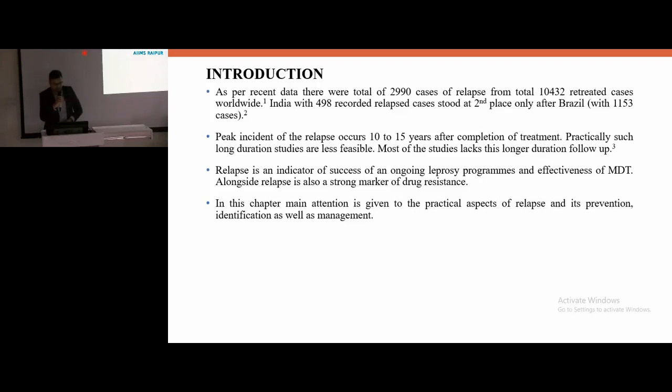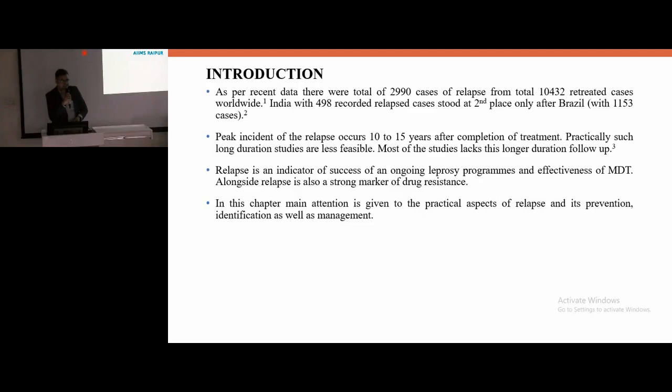The peak incidence of relapse occurs 10 to 15 years after completion of treatment. We do not have enough studies to supplement the claims of relapse because this longer duration hinders follow-up studies in this area.